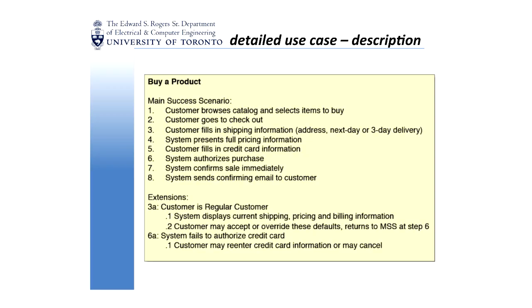For instance, Step 3A handles a regular customer by displaying their default shipping and billing information. Step 6A details the system's response if it fails to authorize the customer's credit card, allowing the user to either re-enter their information or cancel the transaction.